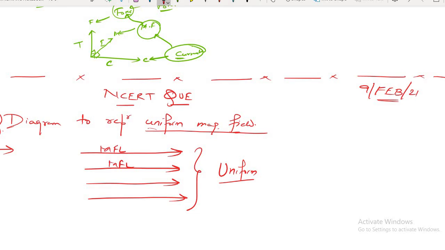Yes, sir. The question has not asked you to draw the uniform magnetic field inside a solenoid. They haven't mentioned the solenoid here, so you will not draw the solenoid. Rather, you will draw parallel lines to show uniform magnetic field. It can be inside any system. If you are interested to show the system, you can draw like this.